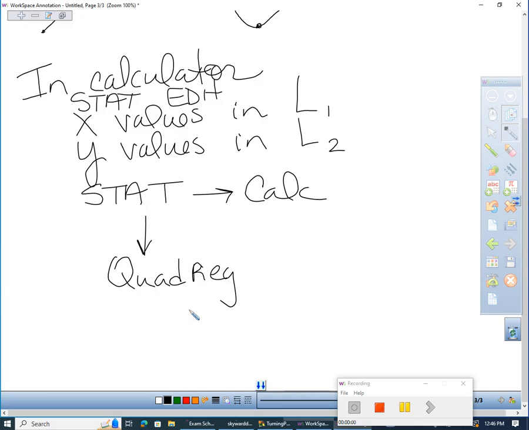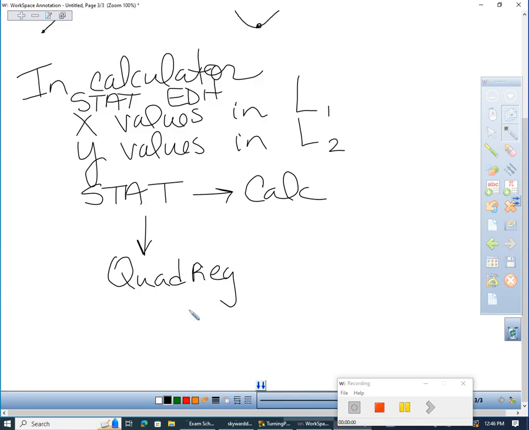Then we go down to Calculate, hit Enter. Once you have your points in L1 and L2, you go back into Stat, push over to Calculate, and then down to Quad Reg.